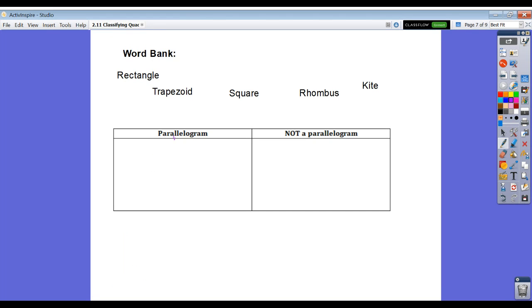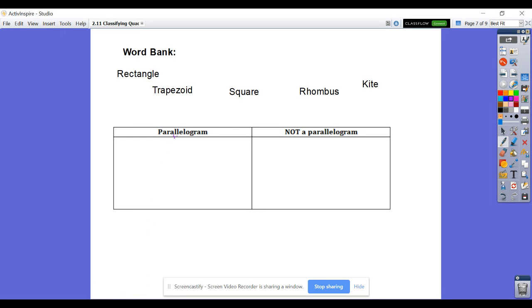So if we're considering whether a shape is a parallelogram or not, we want to see, does it have two pairs of parallel sides? So let's picture a rectangle. And does that have two pairs of parallel sides? Those are parallel? Those are parallel, right? They're never going to touch. So rectangle is a parallelogram.